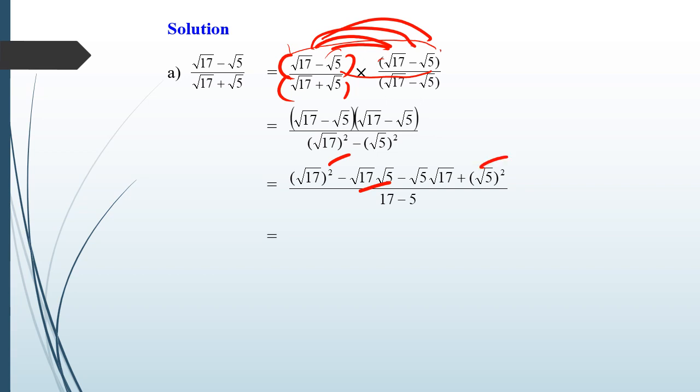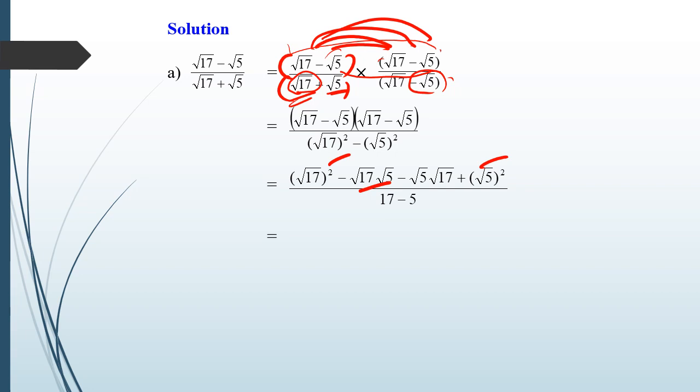Okay, so how about the denominator? Directly we will get a squared minus b squared. What is our b? It's root 5. A is root 17. That's why we get root 17 squared minus root 5 squared. So we have 17 minus 5 in the denominator.